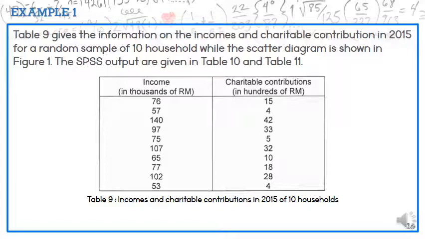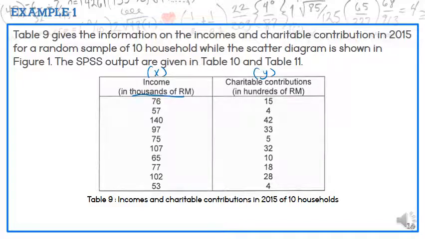So before we proceed, you should identify which one is the independent and which one is the dependent variable. So here, logically, your charitable contribution, how much you can contribute, depends on your income. Charitable contribution depends on your income. Depends, so charitable contribution jadi Y, income jadi X. Always alert dengan unit.